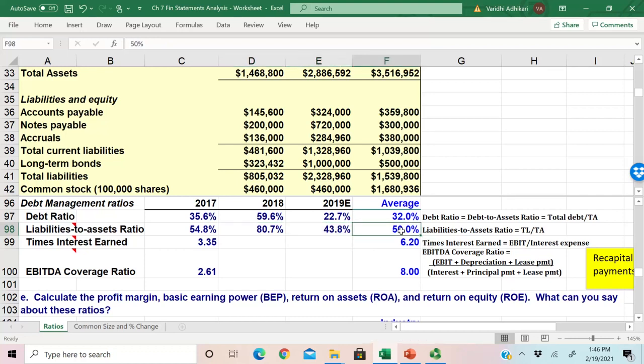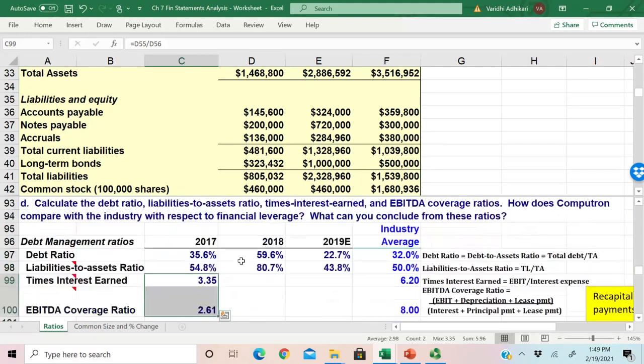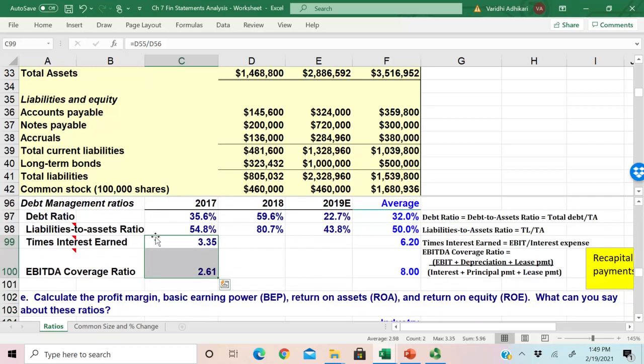Okay, the next two types of ratios have to do with whether this company makes enough money to service its debt obligations, and how well the company can do it. The first ratio related to this is called times interest earned, and it's a very straightforward ratio. It is just EBIT, or what we call the operating income, divided by the company's interest expense.